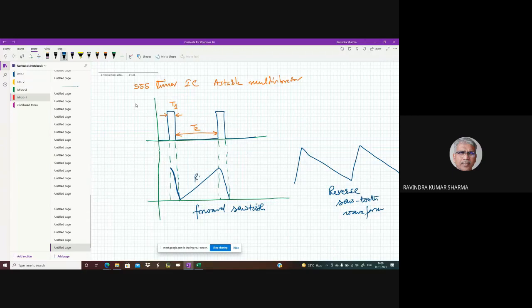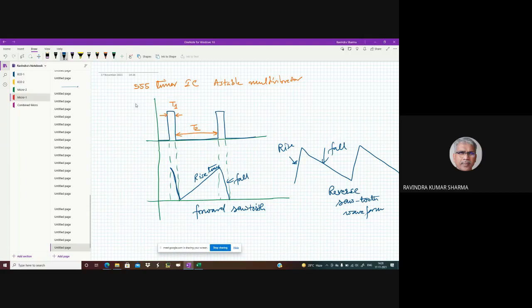Here, the rise time is larger compared to fall time. In this case, rise time is smaller compared to fall time. Accordingly, you can have two different names, the forward sawtooth and reverse sawtooth. Correct?